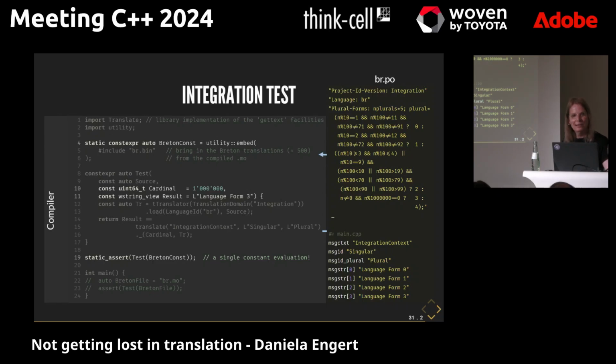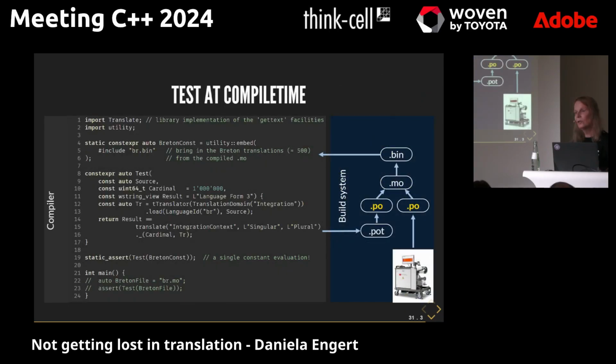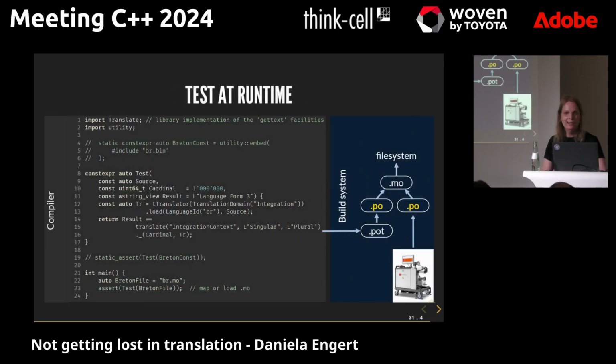This is a property that we want to make sure of in our code. Now we can, even with testing. And even better, we can not only test at compile time, we can perform the very same test at runtime.